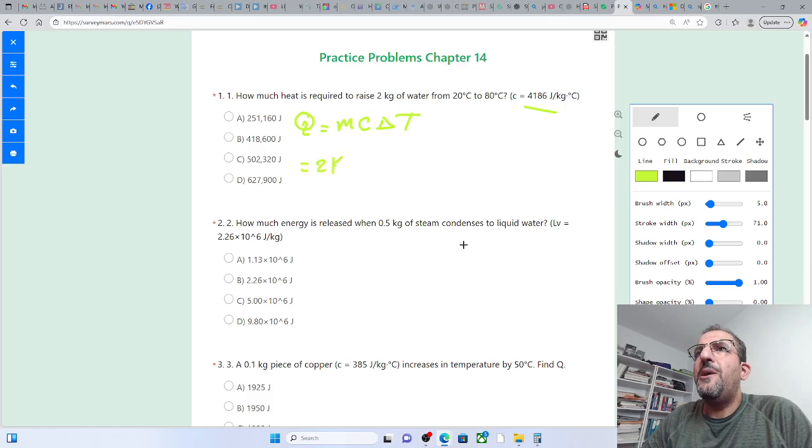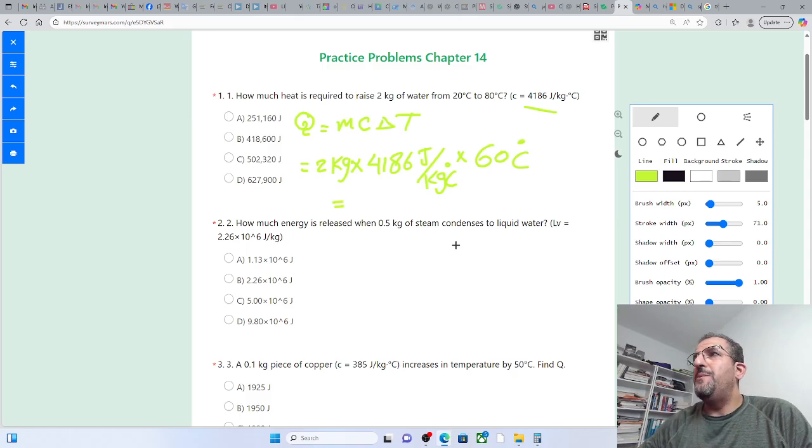So we have 2 kilograms times specific heat, which is 4186 joule per kilogram Celsius, times change in temperature. So 80 minus 20, that's going to give me 60 Celsius.